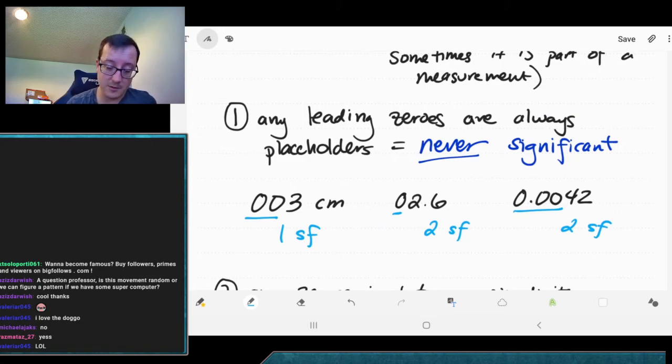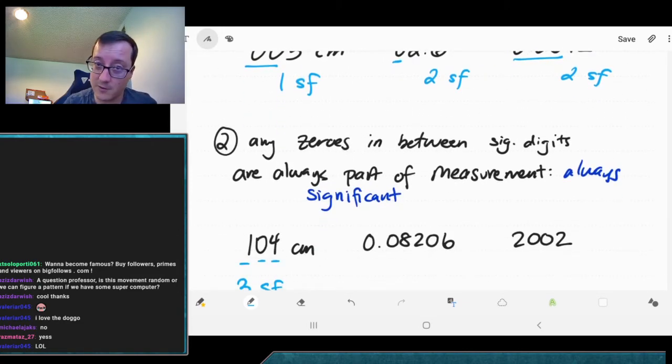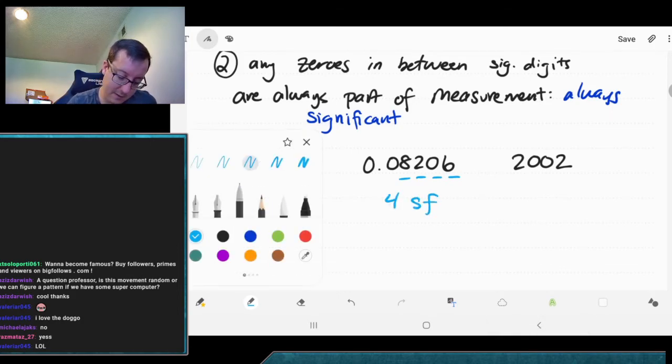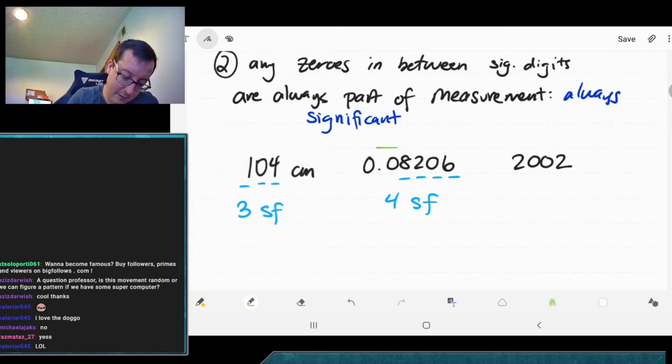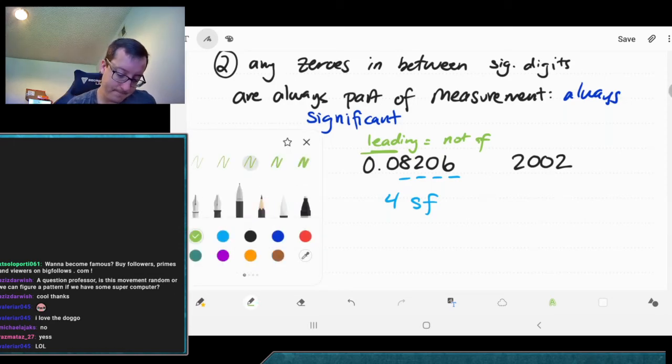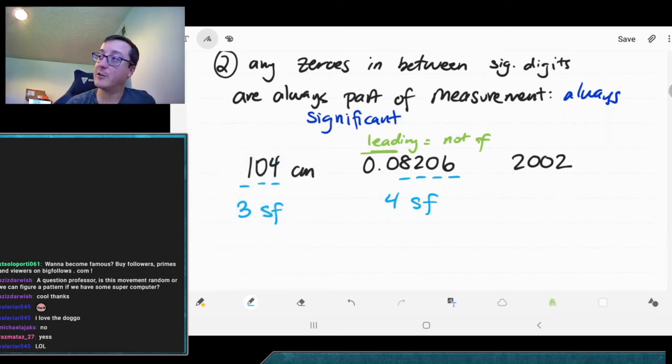They do not count. Zeros in between are part of a measurement. They always count. So this number here will have 4 sig figs. These 2 here are leading, and so they're not significant. Those 2 zeros there at the start do not count towards our significance. All right, the next one, we have zeros that are in between significant digits here. All 4 of these are going to be significant.